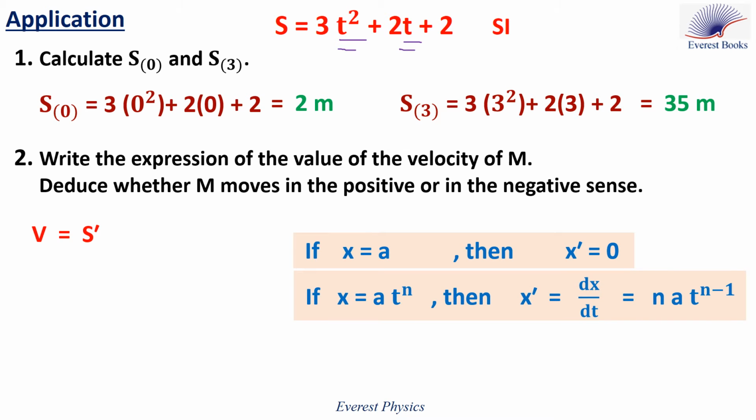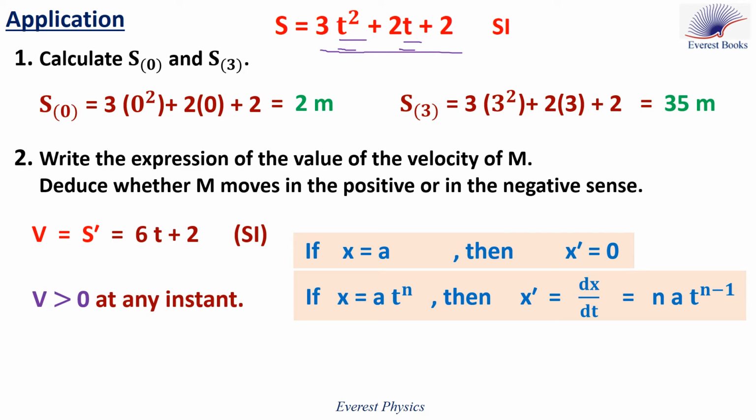And if x equals a t to the power n, where a and n are constants, then the time derivative of x equals n a t to the power n minus 1. S equals 3t squared plus 2t plus 2. Then the time derivative of s equals 6t plus 2. Since v is positive for any value of the time, M moves in the positive sense.